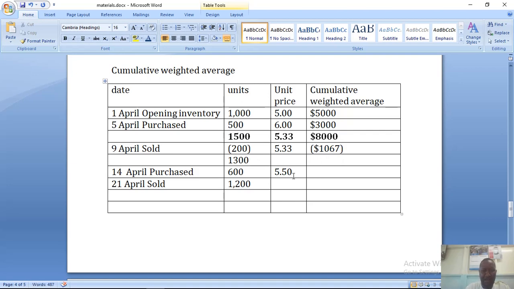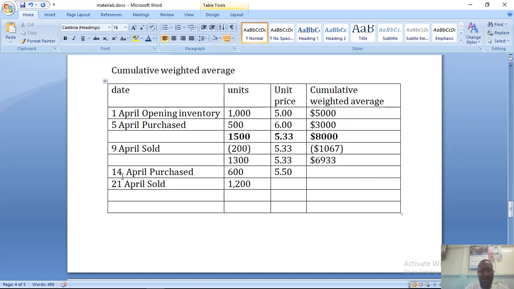These 1,300 units are valued at 5.33. Then 8,000 minus 1,067, we should remain with 6,933. So we have $6,933 as the value remaining.